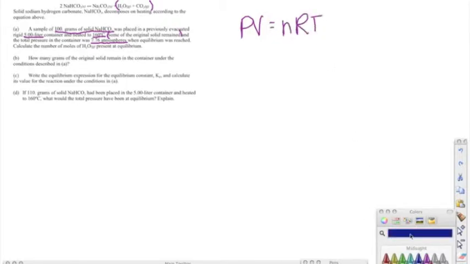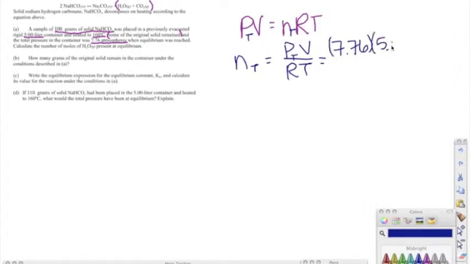And when you use total pressure, then that gives you total moles. So I'm just going to rearrange this for the total number of moles, and that's going to be the total pressure times volume over RT. So I'm just going to plug those numbers in. The total pressure was 7.76 times our volume, which is still 5.